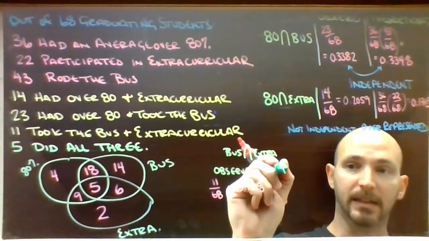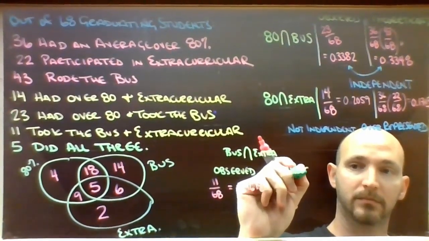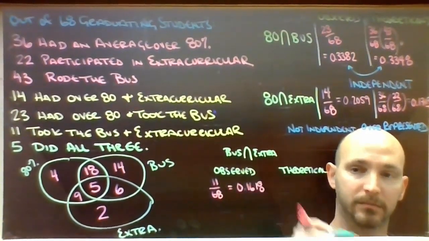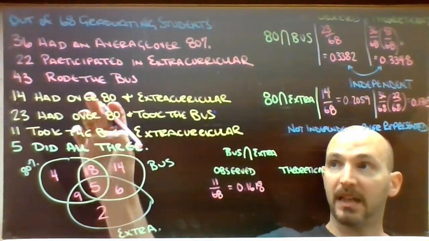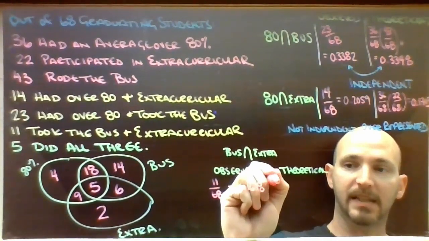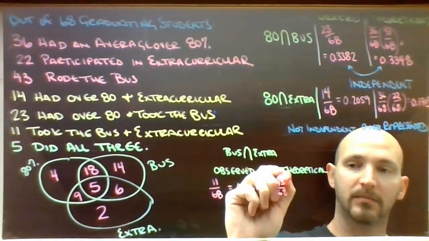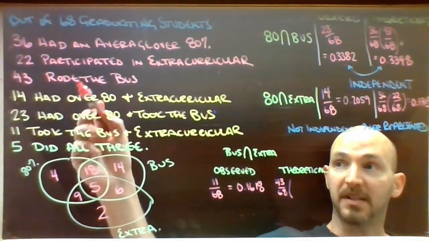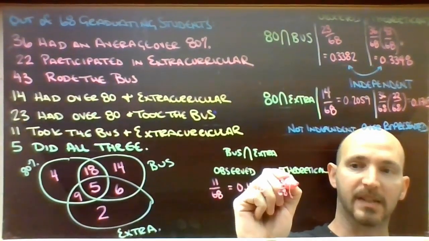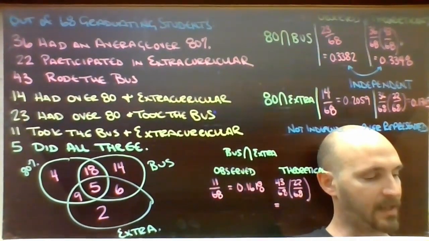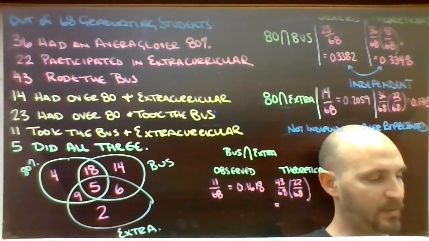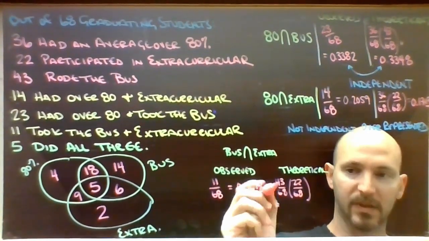And theoretically, I should be able to take the probability of being on the bus, that's 43 out of 68, and participating in extracurricular, which is 22 out of 68. See what that gives us. 43 out of 68 times 22 out of 68 gives us 0.2046.